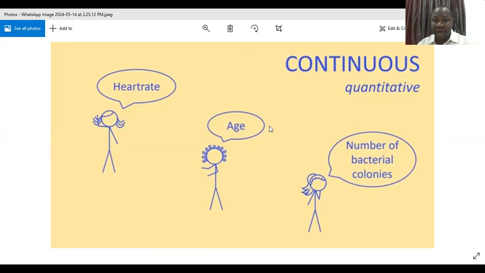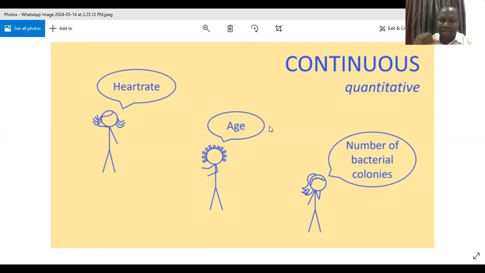Continuous is the same as quantitative. Quantitative data is continuous data. Categorical data is nominal data, and also it is qualitative data. Do you understand the two now?